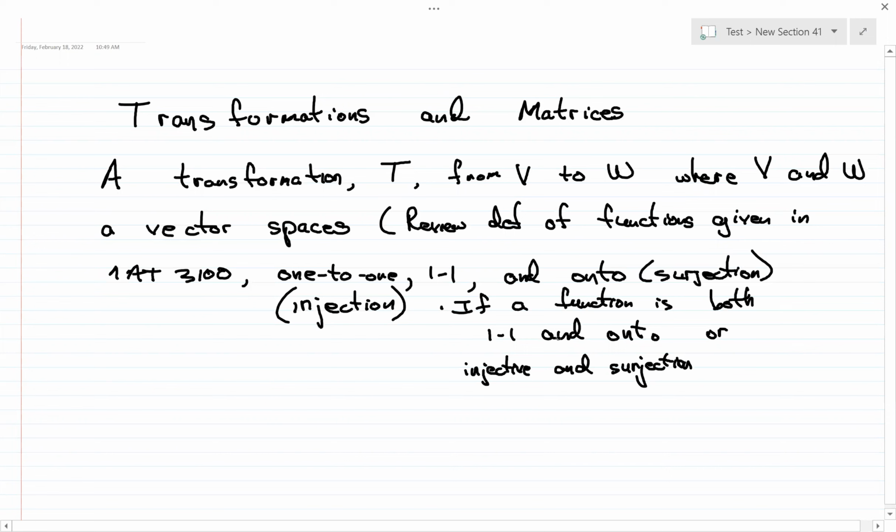So something that's one-to-one and onto is usually called a one-to-one correspondence.